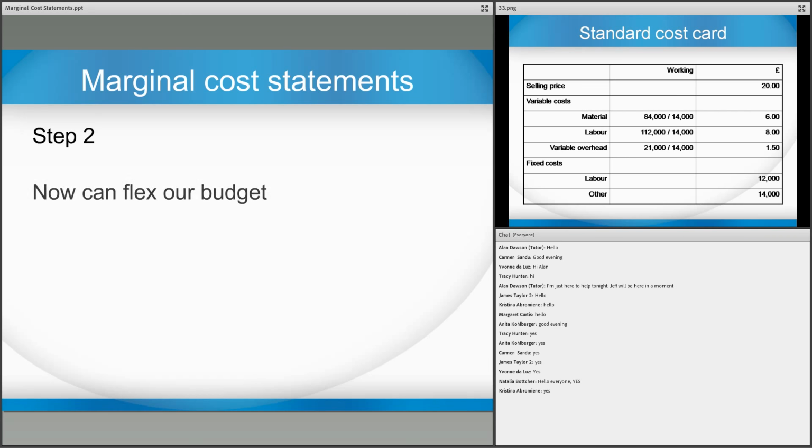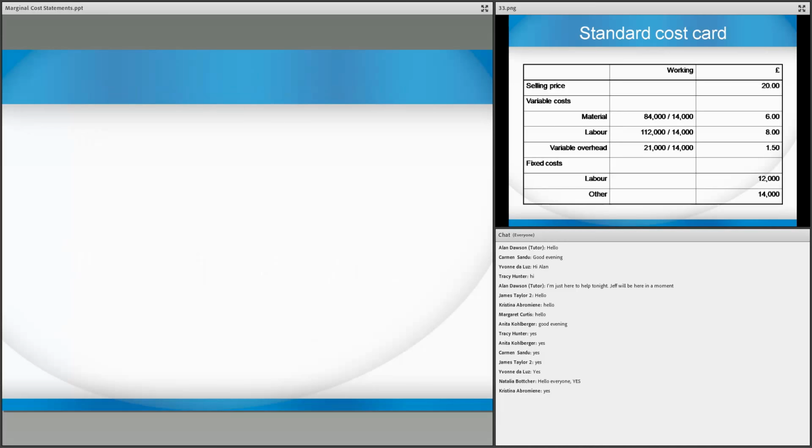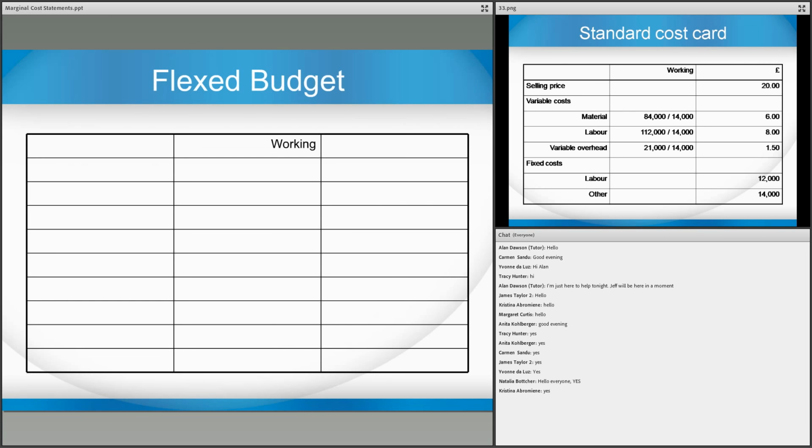Using the cost card, we can flex our budget. Remember that we're going to flex it to the quantity sold, not the total produced. And the fixed costs, I keep saying it, stay the same because they're fixed. So once again, we need to draw a template, put in the headings, items down the side.